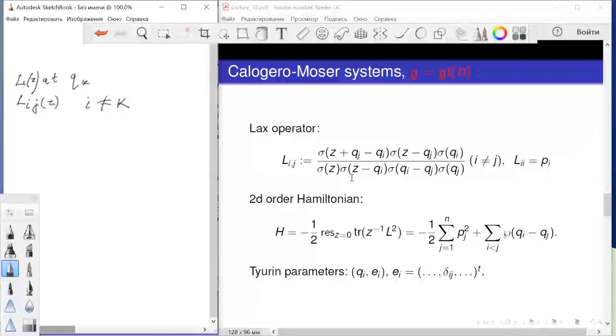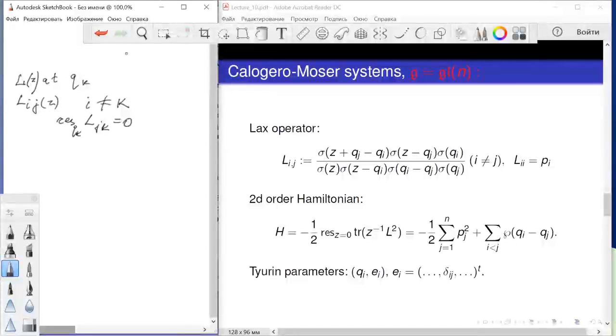The denominator has no zero at the point qk, and the residue of Lij for i not equal to k is equal to 0. So the residue at qk of Lij is equal to 0.